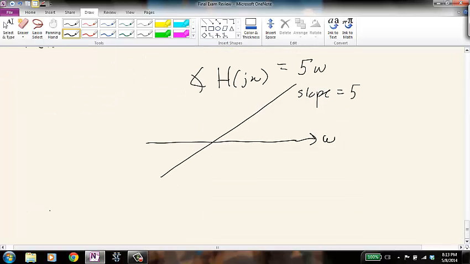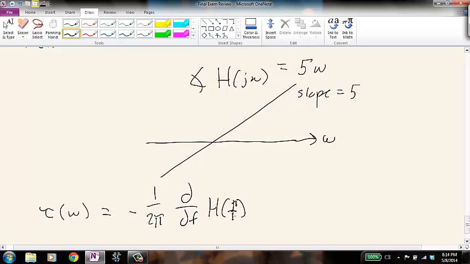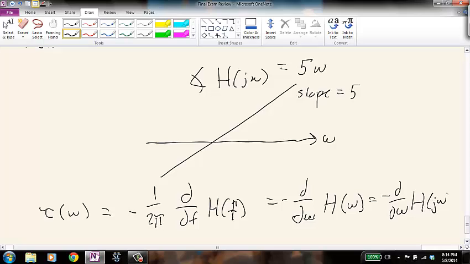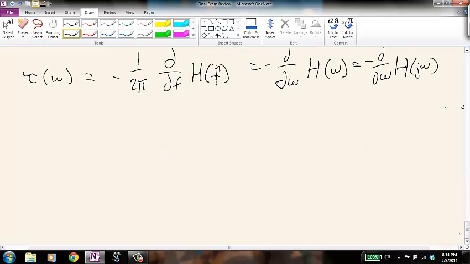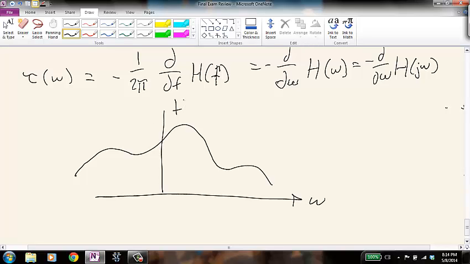So what we did when we said that the group delay as a function of frequency was equal to minus, whichever one you're using, what we really are doing is saying we have some function, our phase, and at every point we said it was approximately a line with some slope.